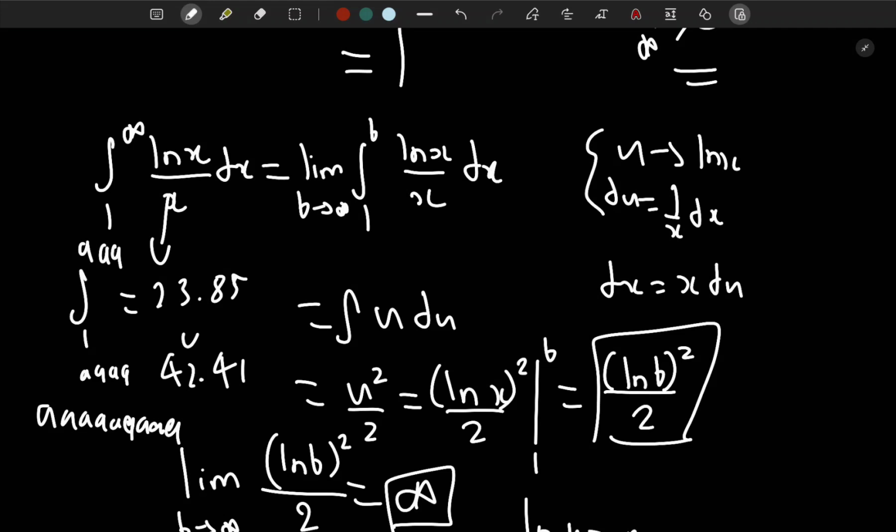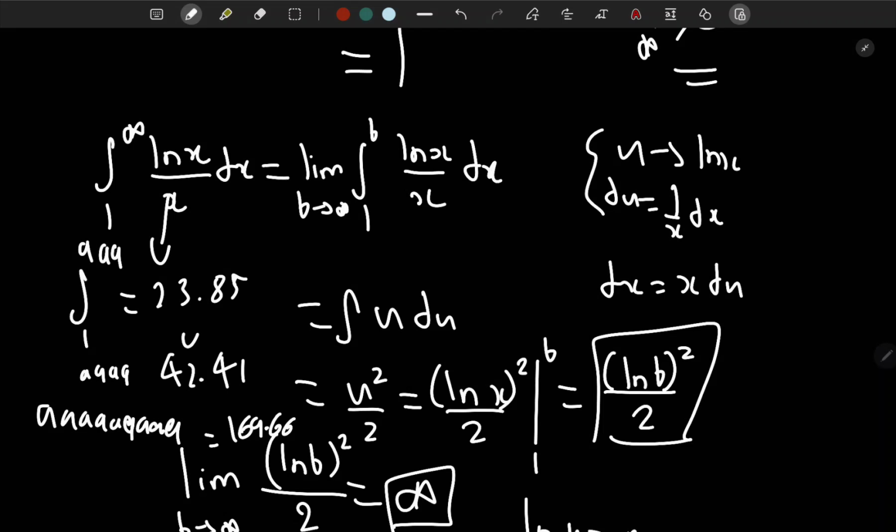Just directly try all the options, or do this on the calculator, and you'll get positive infinity, and you can directly conclude the answer. So now we got the answer of 169.66. So we know that the integral is increasing exponentially. So we can conclude here that the answer is positive infinity.